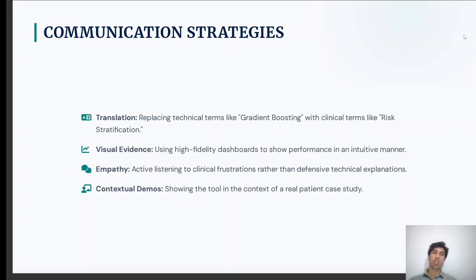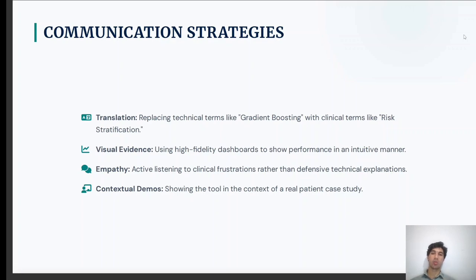For example, if we are using gradient boosting in our project, we need to replace that term with clinical terms like risk stratification, so that the nurses and the medical staff can understand it better, because the project is built for them. They are the end users.